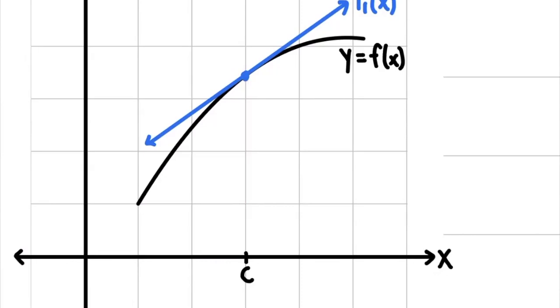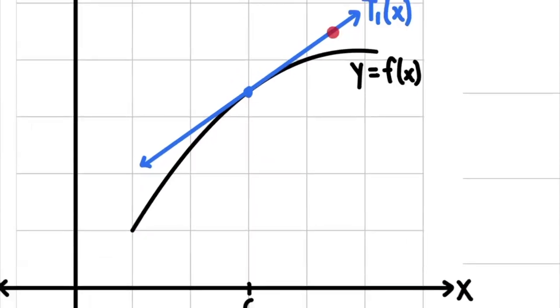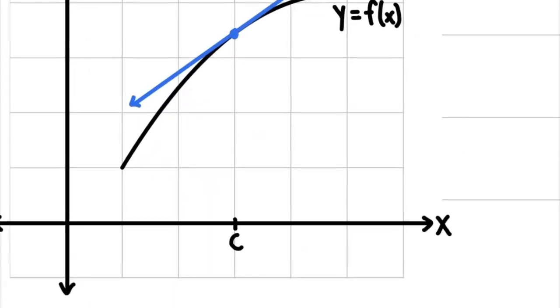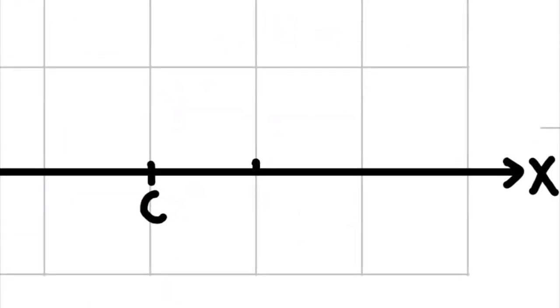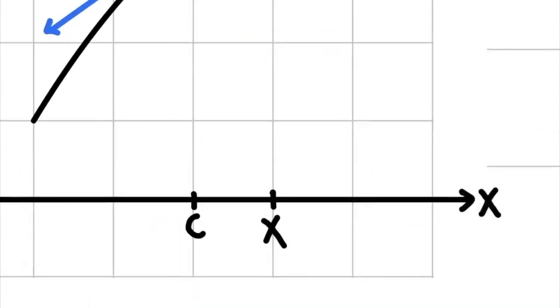So it's good for approximating the function near c. You can see that when you're around c, this line is very, very close to the curve. So let's take an x value close to c, like right here. I mean, that's not that close, but I'm just exaggerating here.